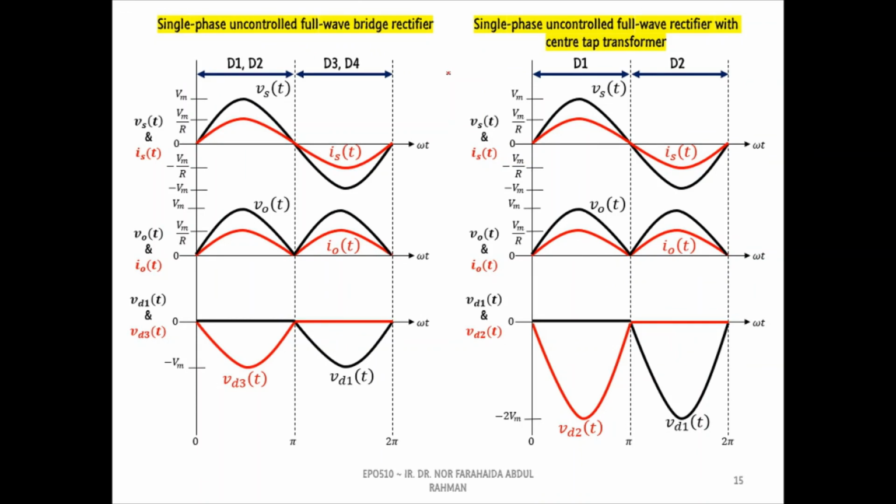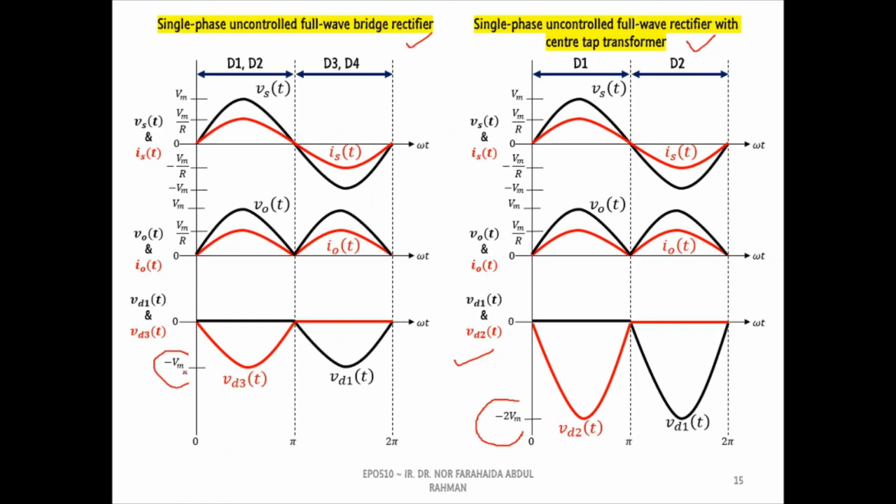Lastly, when we compare voltage and current waveforms of the bridge and split supply rectifiers, we can see that both rectifiers exhibit the same voltage and current waveforms except the diode voltage waveforms. According to the diode voltage waveforms, we can see that the PIV of the split supply rectifier's diode is 2 times higher than the bridge rectifier.